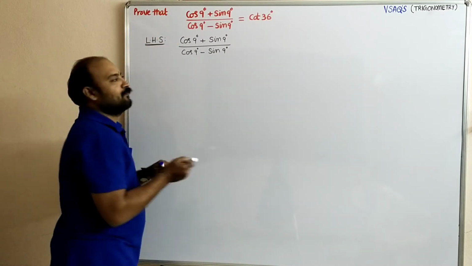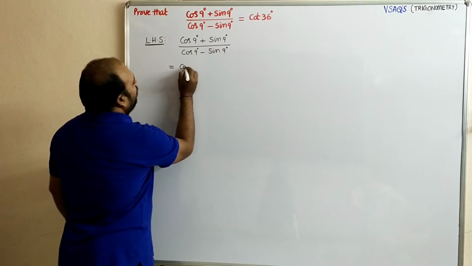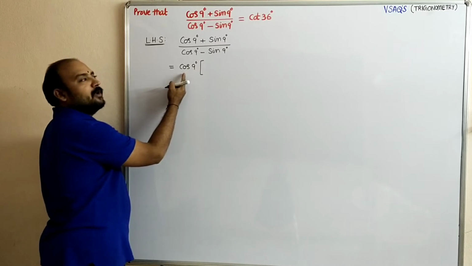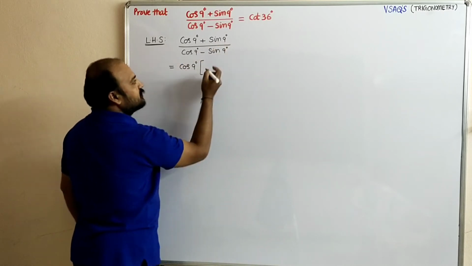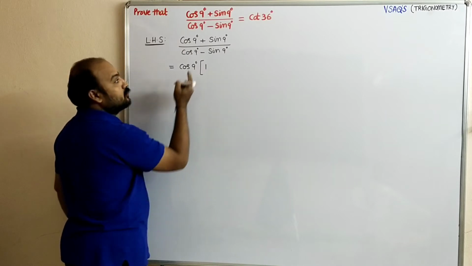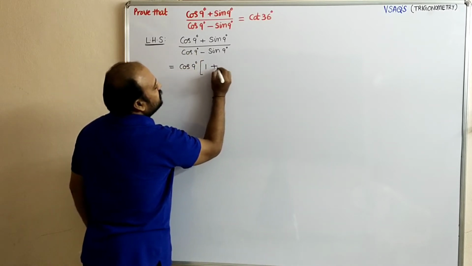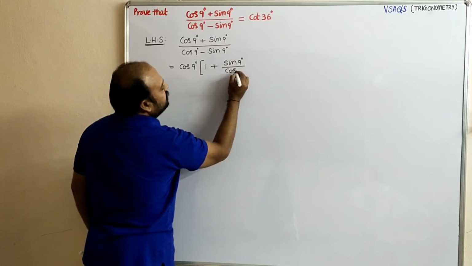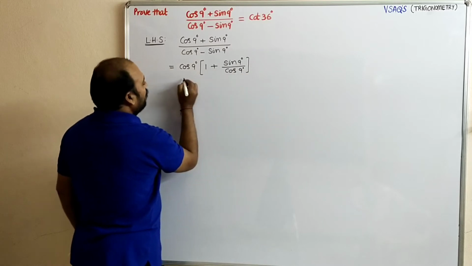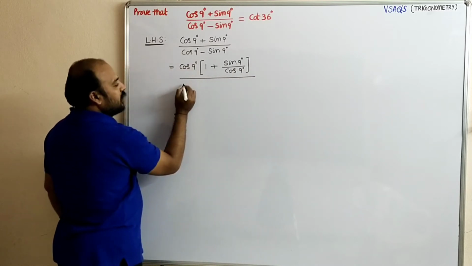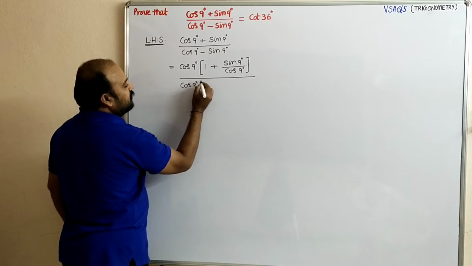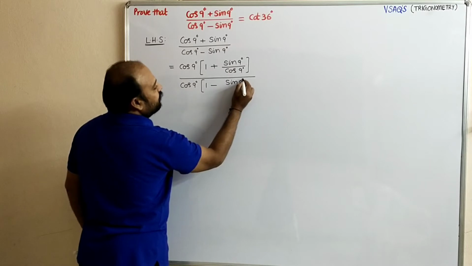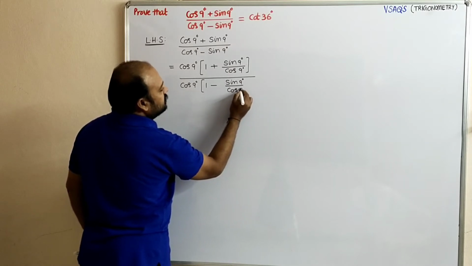Both the meaning is same. So here cos 9 degrees I am taking common. Whichever the term we are taking common, it should be divisible for the next term. So cos 9 if we are taking common, whose multiple is here 1, coefficient, plus sin 9 degrees divided by cos 9 degrees, whole divided by cos 9 degrees take common from the denominator, 1 minus sin 9 degrees divided by cos 9 degrees.